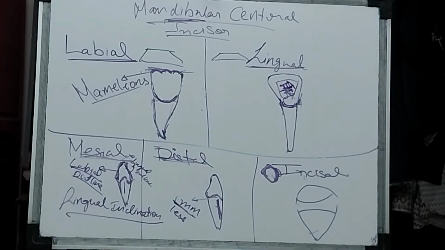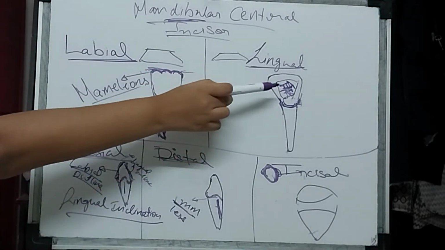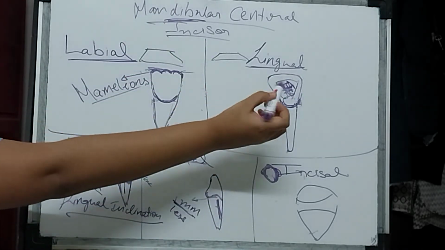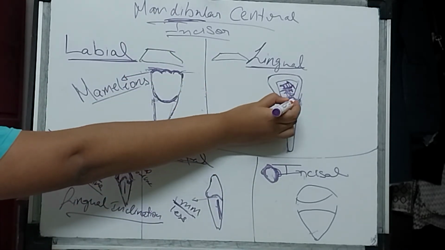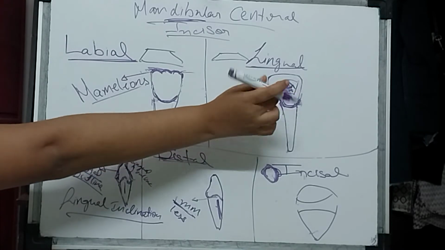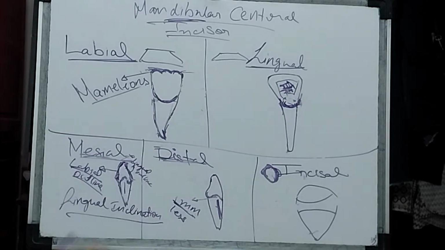Okay, but over here, the difference is that this lingual fossa is smooth, and it does not have a developmental groove. There was a developmental groove over here in the maxillary central incisor, but there is no developmental groove in the mandibular central incisor.